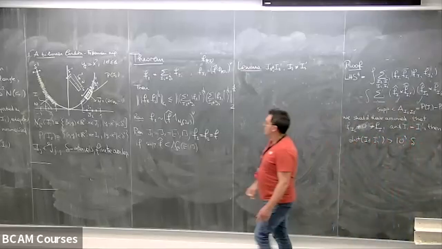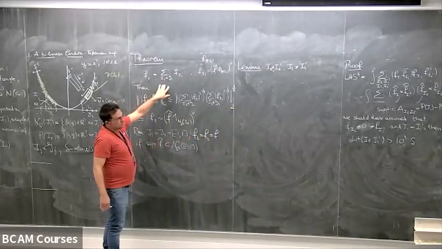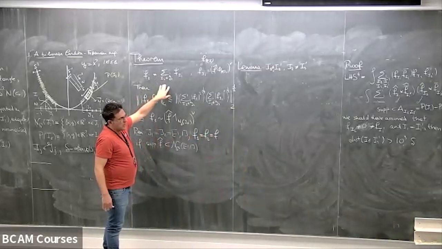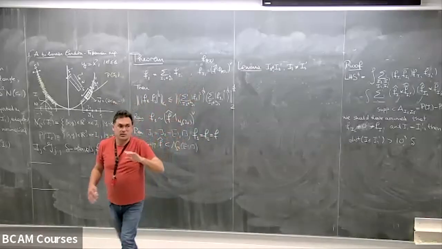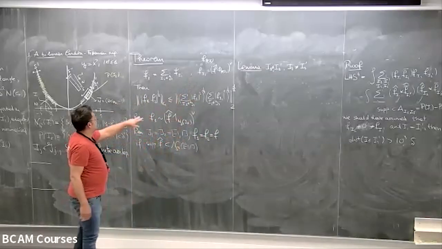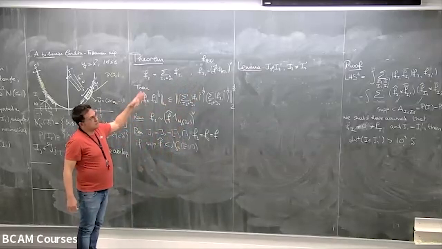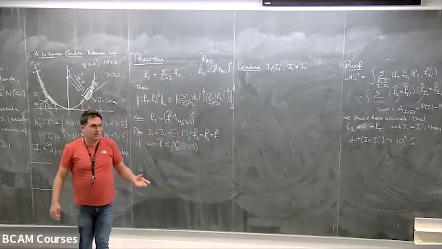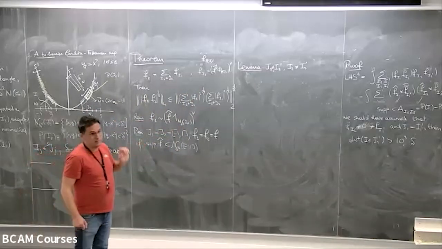How do I reduce to that? Well, I'm going to split f1 into 1,000 pieces, I'm going to split f2 into 1,000 pieces, and I'm going to use the triangle inequality a finite number of times and consider each piece separately. So the separation assumption is not a problem. You can reduce to that.